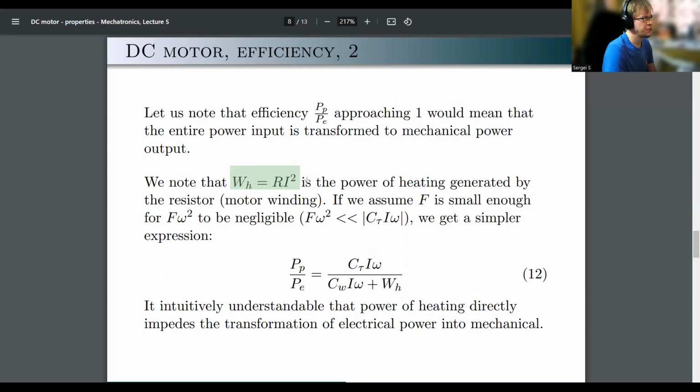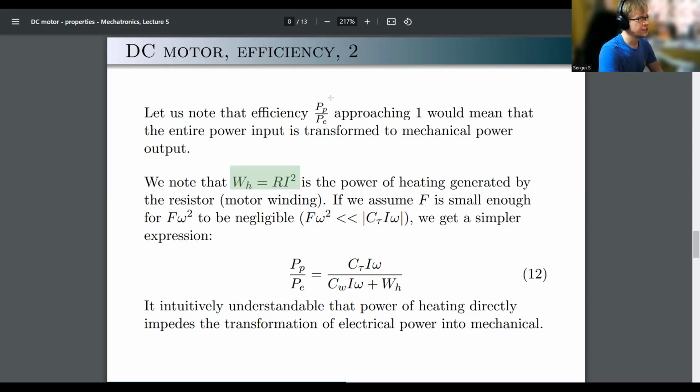How much dissipation do you need to provide for the overall unit to dissipate all this heat into the environment? It's a very important question, especially since as motors heat up, resistance can change, parameters of the motor can change, so it's not very good.